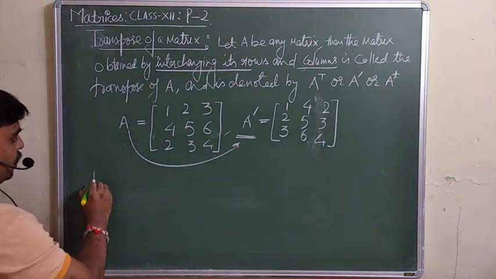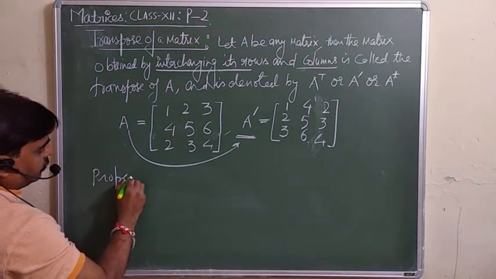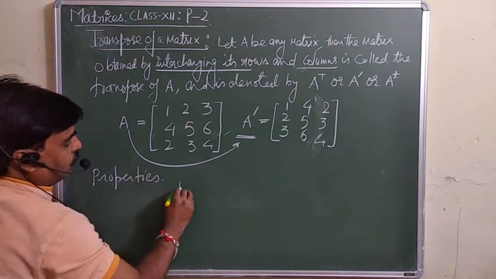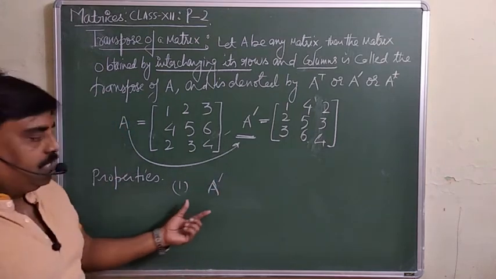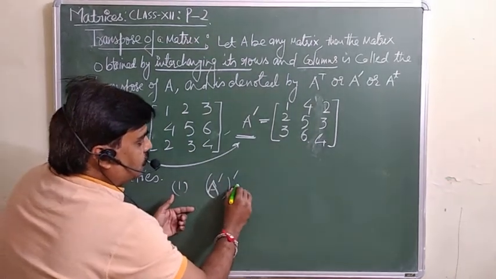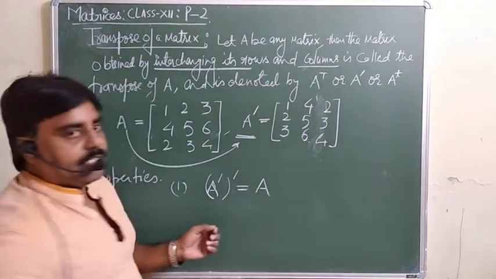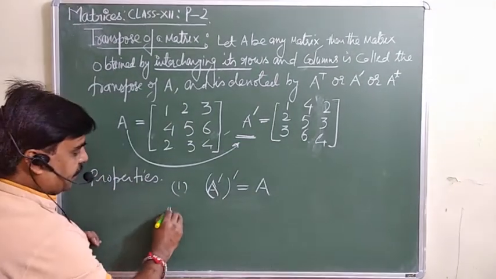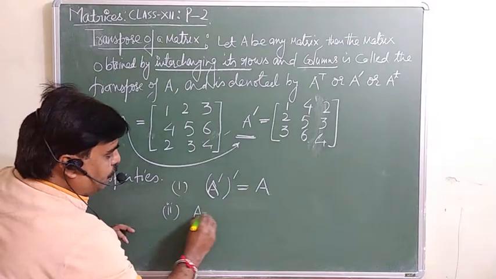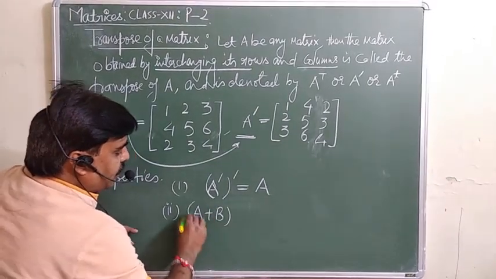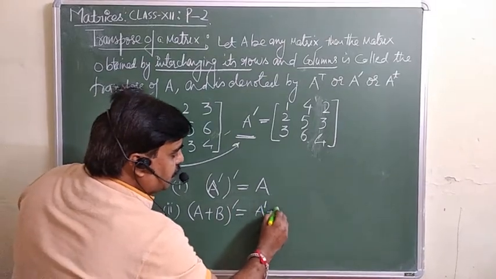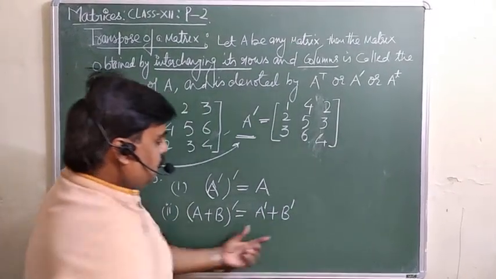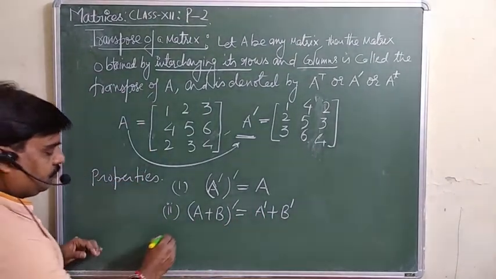Now the properties. First, if you take the transpose of a matrix and then take the transpose again, you get the matrix itself. Second, if you add A plus B first and then transpose, it equals taking the transpose of A and of B and then adding.